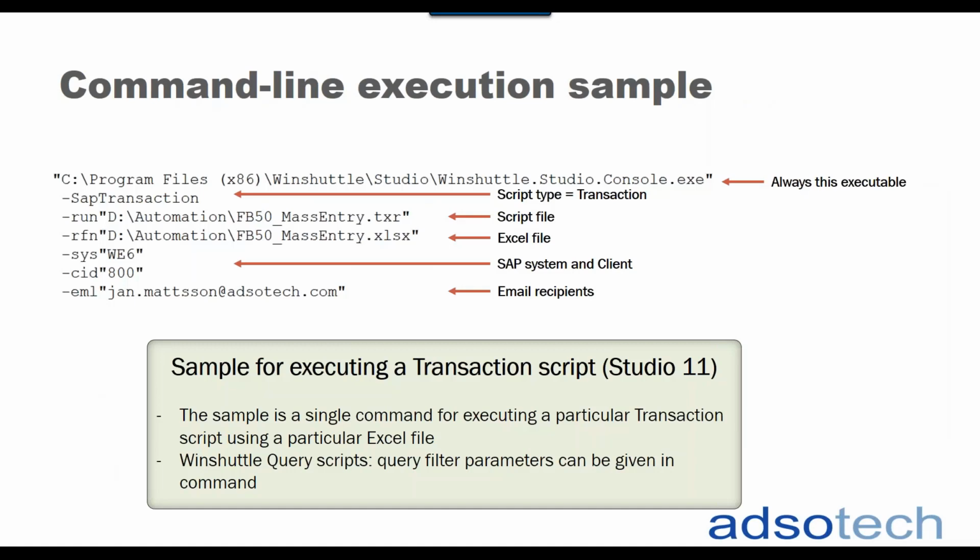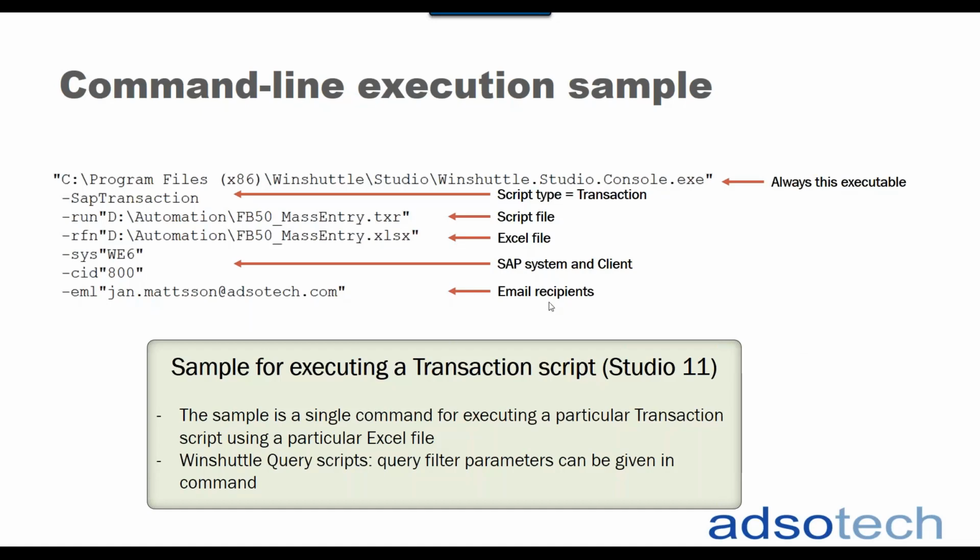I will actually demonstrate this here soon. But basically, what you see here, you have one single command, and you can provide here, for example, the script file name, and you can provide the Excel file name. And here we also have an email option, so I'm sending an email to myself when execution has been completed.